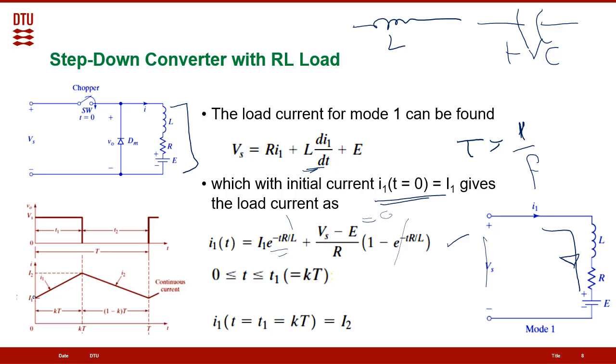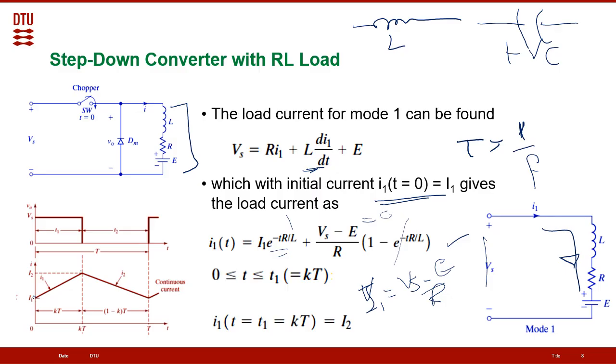And as we can see, if t is very long, for example taking a very long time, this becomes 0 and this becomes 0. So actually after a very long time, the current will equal (Vs minus E) over R. But what happened here?